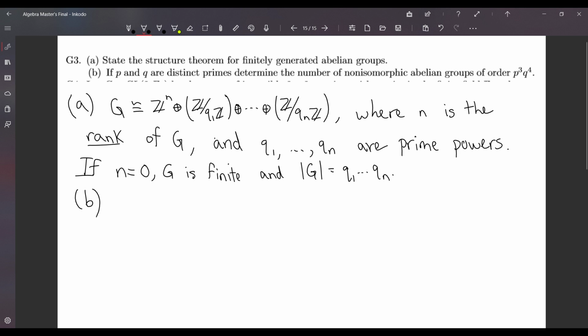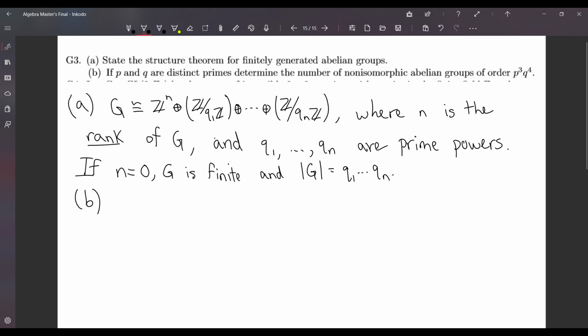So for B, we're going to have terms involving powers of p and terms involving powers of q, and they have to add up to having p cubed and q to the fourth.